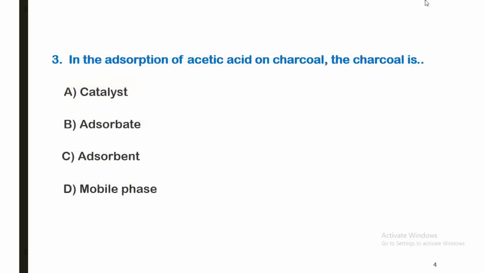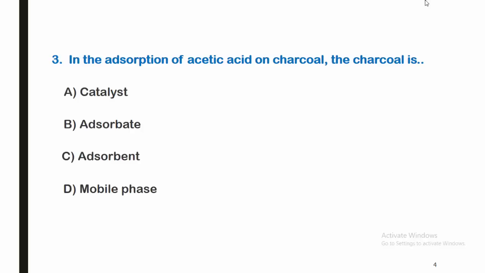Next, in the adsorption of acetic acid on charcoal, the charcoal is, where the options are given: A, catalyst, B, adsorbate, C, adsorbent, and D, mobile phase. Very simple.